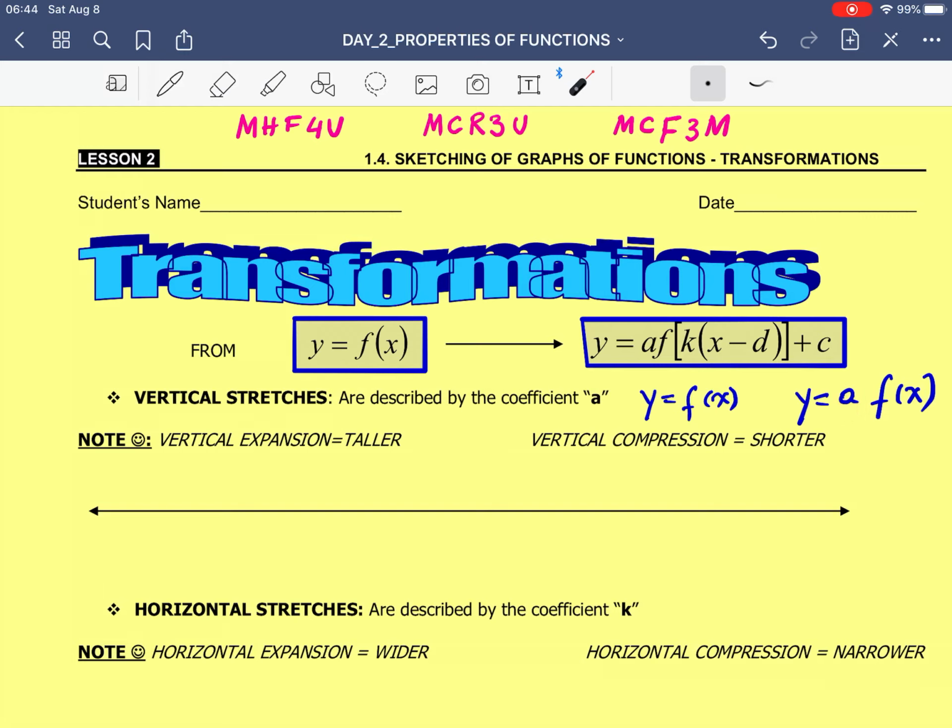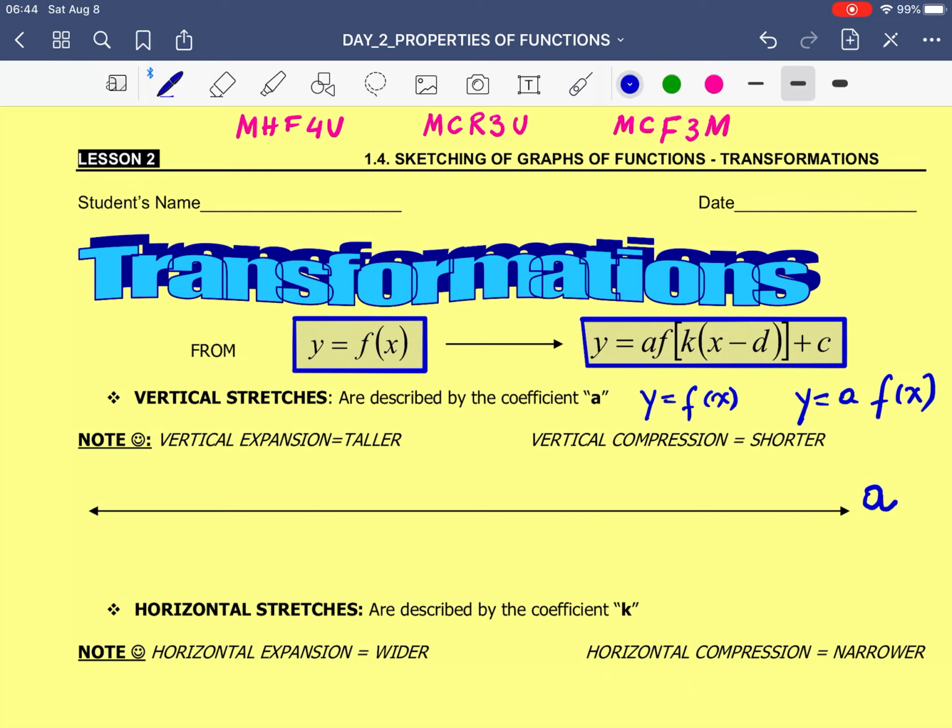That tells us that the coefficient a will change the function in the y direction, or even better, in the vertical direction. How would the coefficient a change the values of y in the vertical direction?